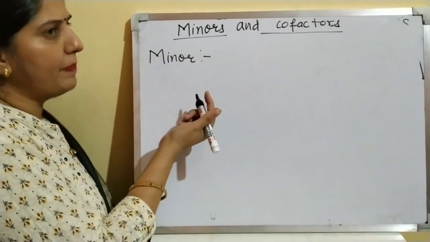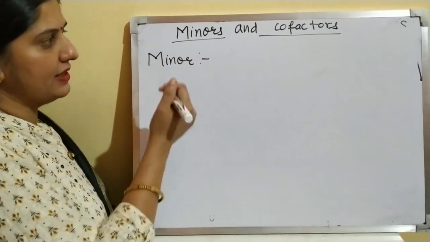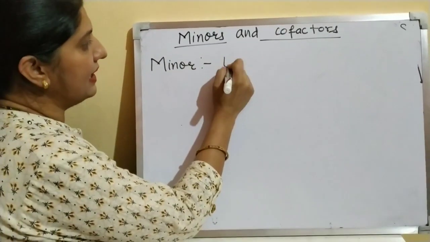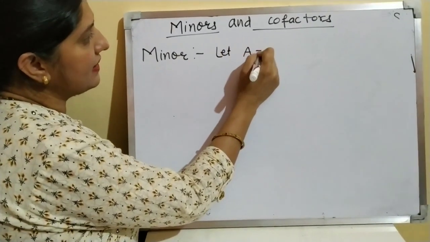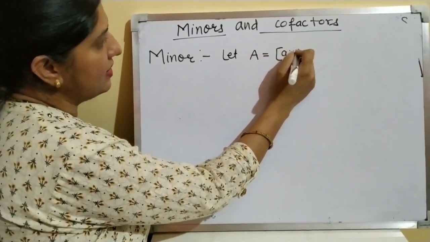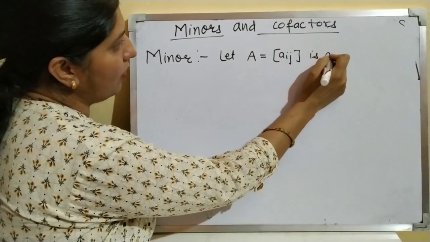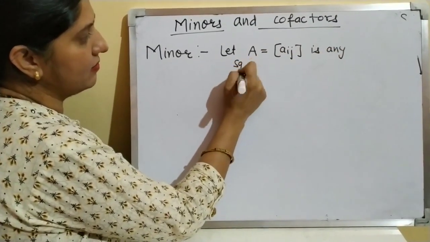But whose smaller part is it? See here. Let A be any square matrix of order n.